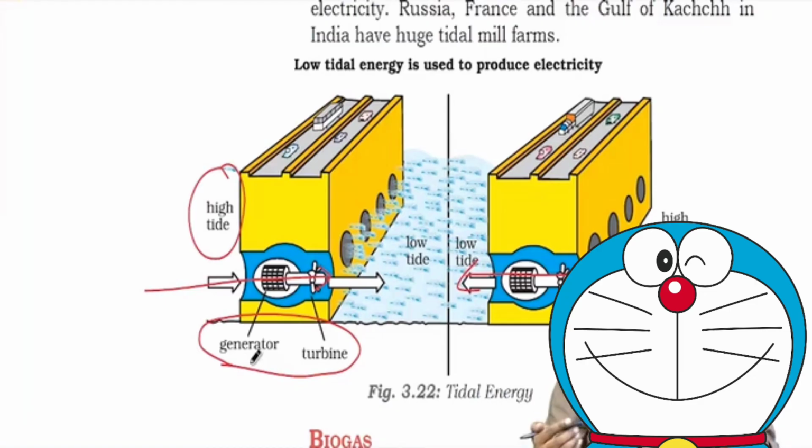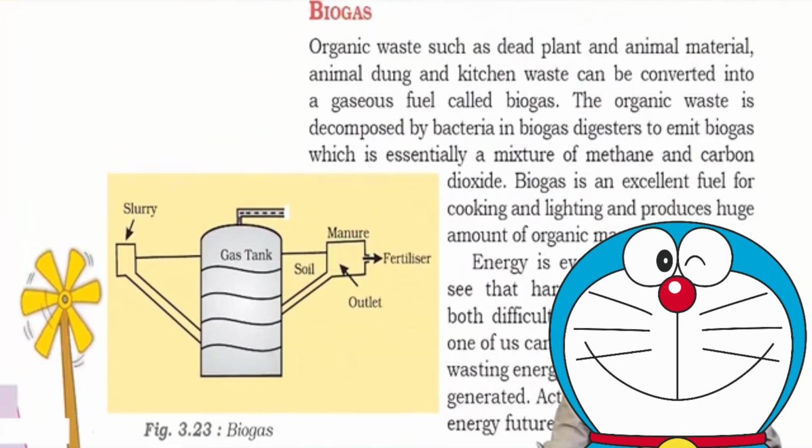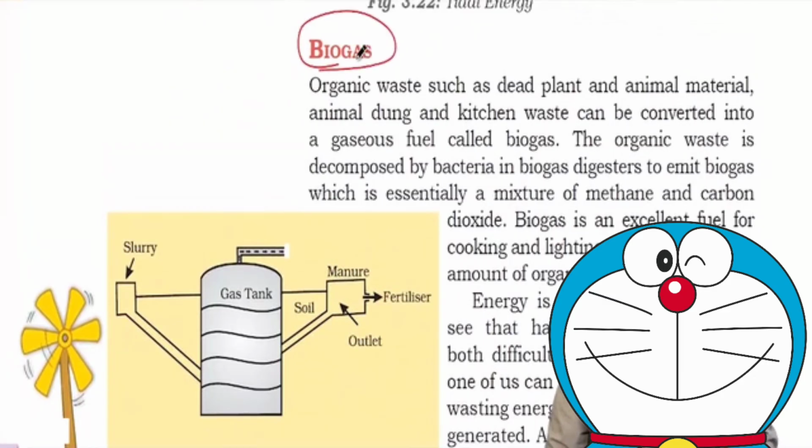Then you have biogas, where in villages the sewage, organic waste, everything is dumped in a tank, and this is allowed to ferment and they produce gas. See, you add here, it comes down here, right? They produce gas, and the gas tank will be connected to the kitchen so that you can use it for burning fuel and cooking.